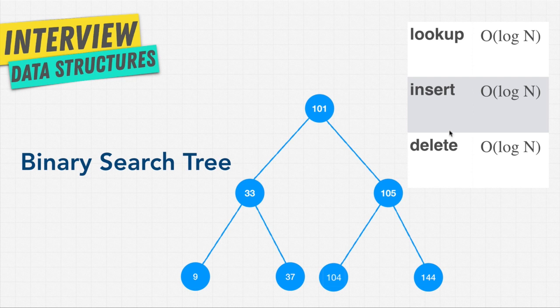But what about insert and delete? In a hash table, I can do insert and delete really fast at O(1) or constant time. But with a binary search tree, it looks like I can only do O(log n). And that should be obvious, right? Because in order for us to insert or delete something in a binary search tree, we need to figure out where to insert the item or where the item is before we delete it. For example, let's say that we want to delete 105.